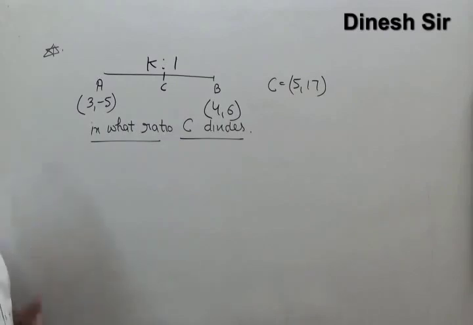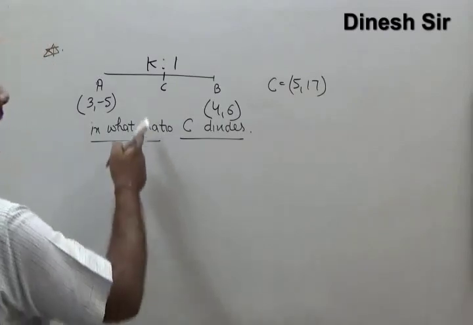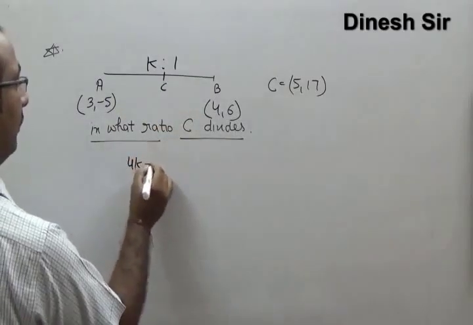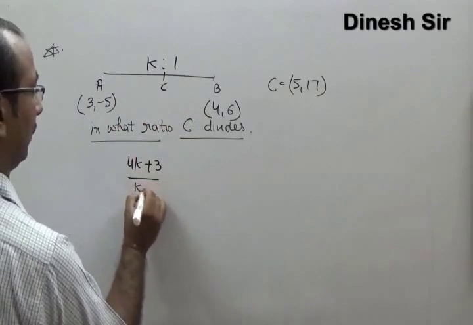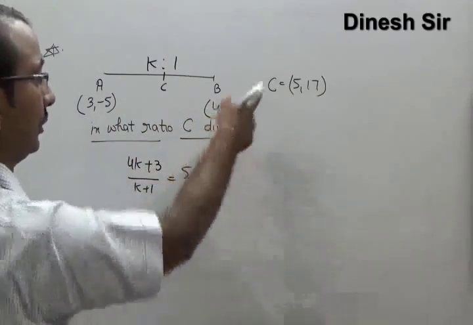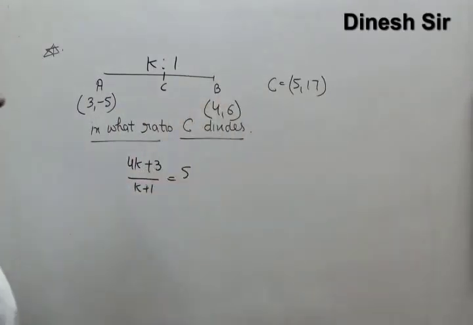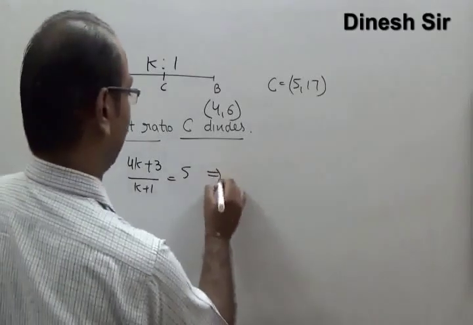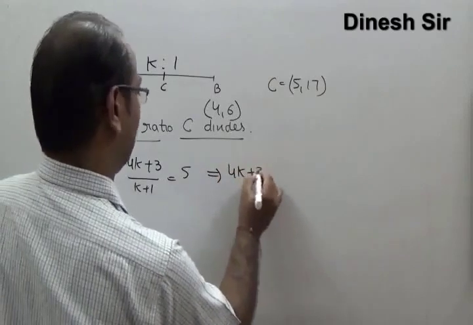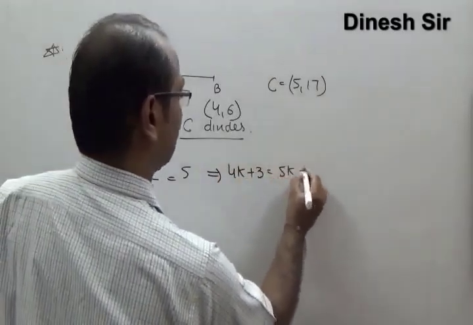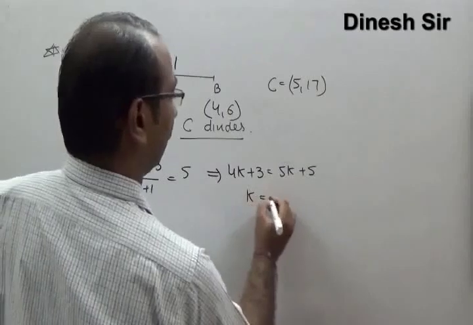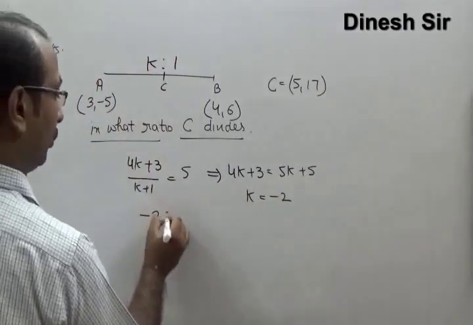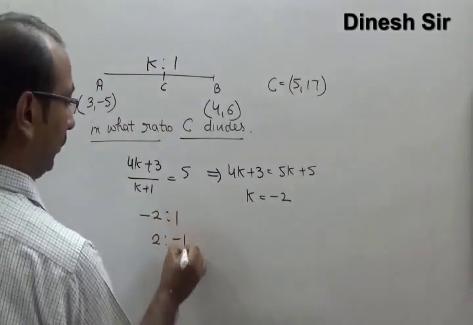Now I try to find the coordinates of C. First I find the abscissa, that is (4K plus 3) upon (K plus 1). This is equal to 5, because here my abscissa is 5. To find the value of K, cross multiply: 4K plus 3 equals 5K plus 5. Here I can say K equals minus 2, or else I can say the ratio is minus 2:1, or 2 to minus 1.